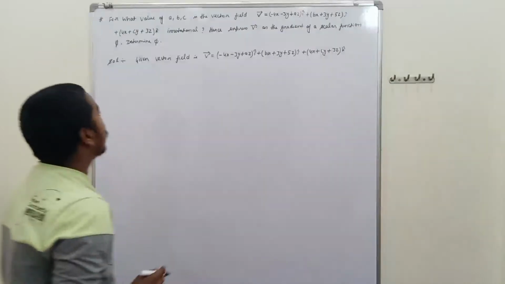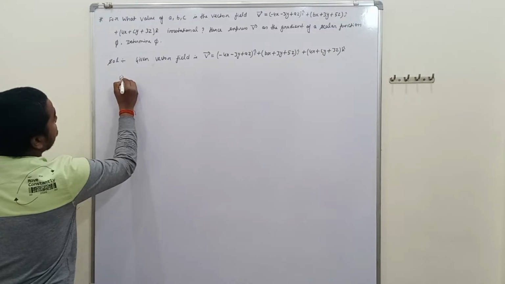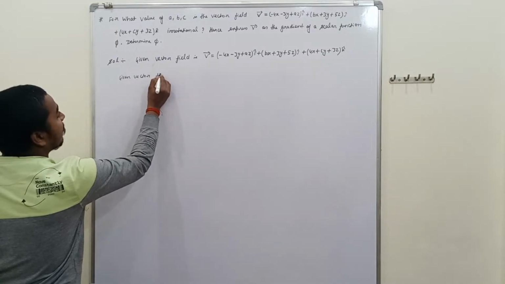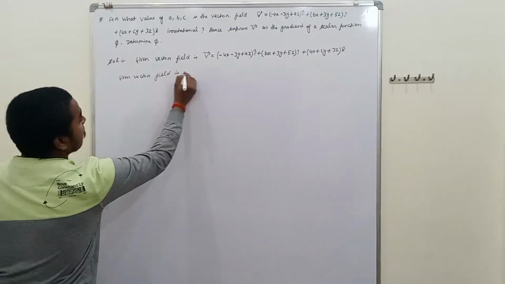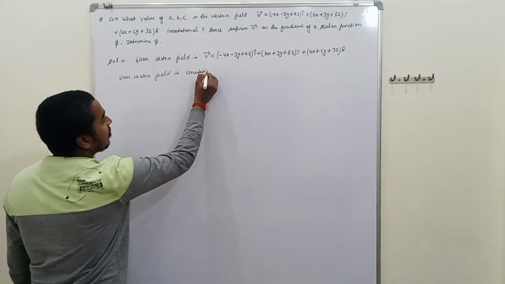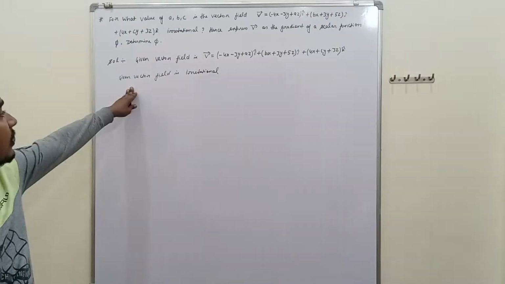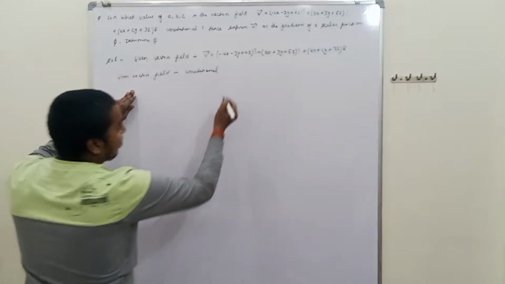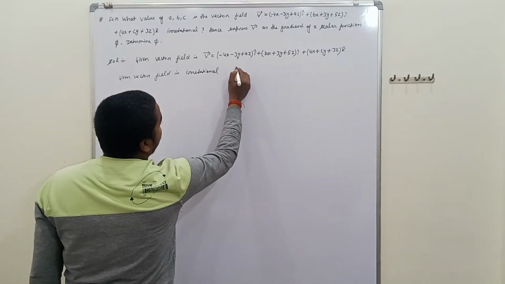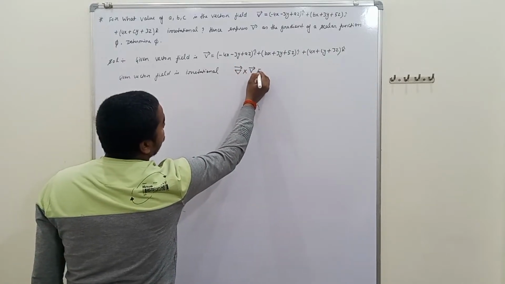Further, in the given question, it is said that the given vector field is irrotational. If the vector field is irrotational, then we have to write del cross V vector is equal to 0.